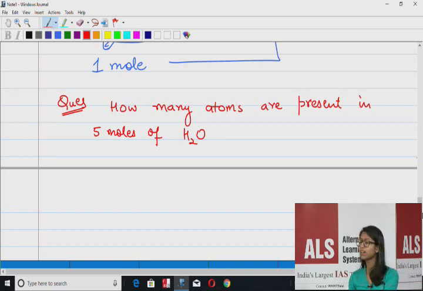15. How are you getting 15, Kohima Center? Okay, just find out the number of molecules, everyone. 5 moles is there, find out the number of molecules. 1 mole has Avogadro's number of molecules. So 5 moles will be having how many molecules?